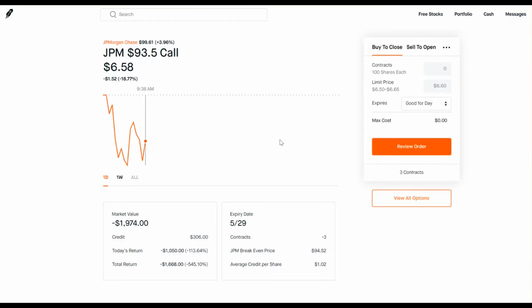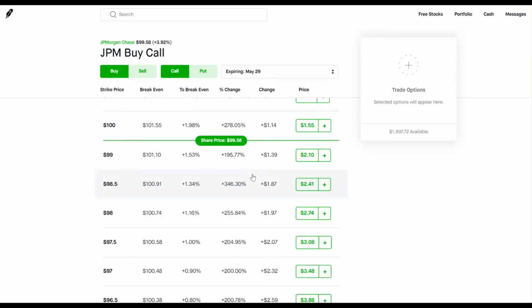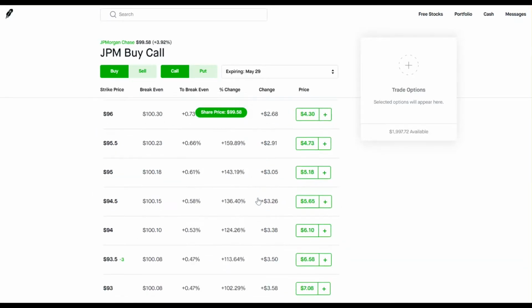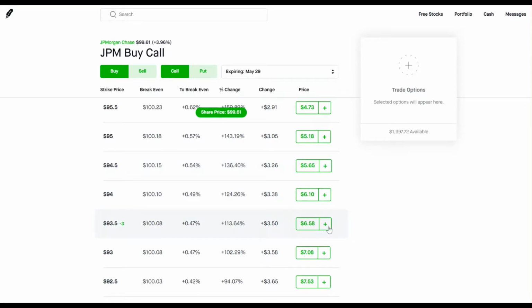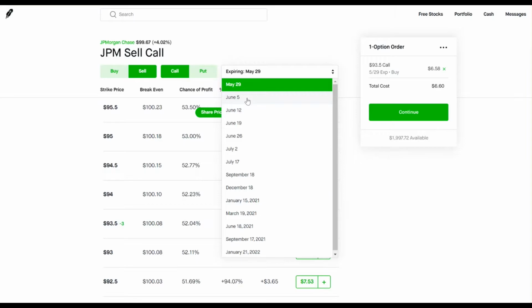What you really care about is you don't want this option stock being exercised this Friday, May 29. What I do is go to the options page, click on your option, which is $6.58 now. Then go to sell, go to next month, June 5.